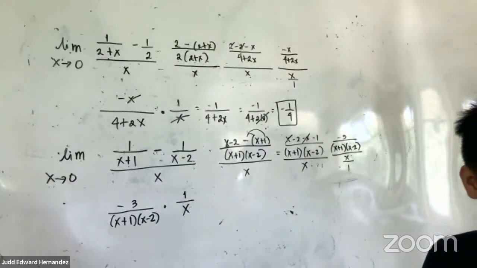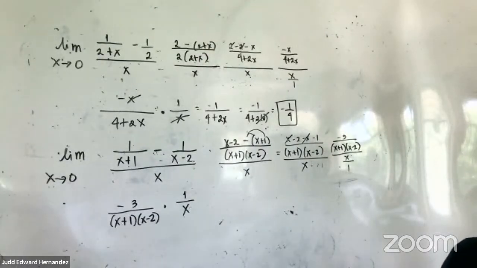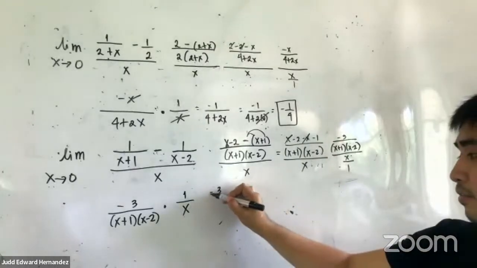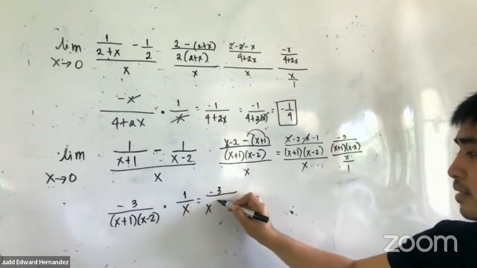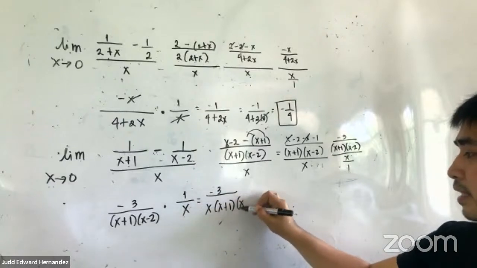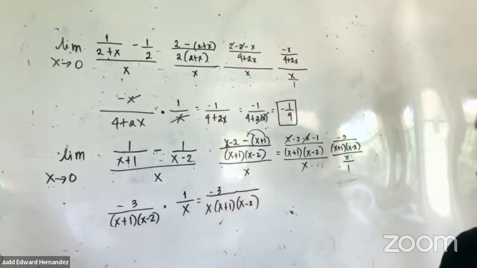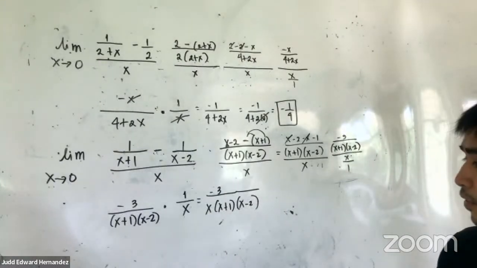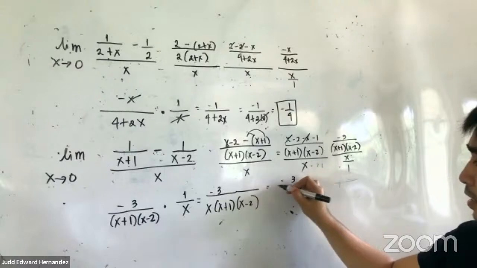Okay? So, what happens now? Ano na po mangyayari? It becomes negative 3 over x times x plus 1 times x minus 2.